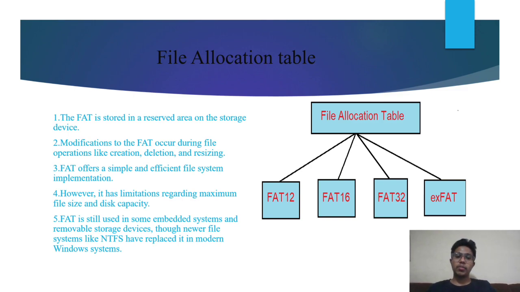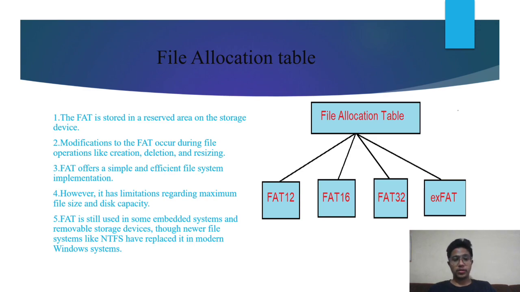The FAT is a reserved area on the storage device. Modifications to the file allocation table occur during operations like creation, deleting, and resizing. It offers an efficient, simple file system implementation.